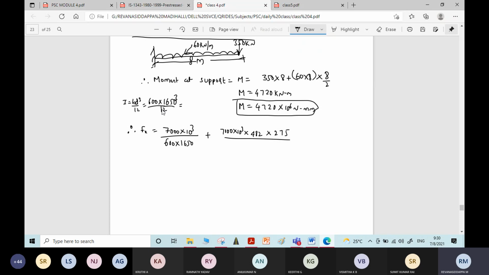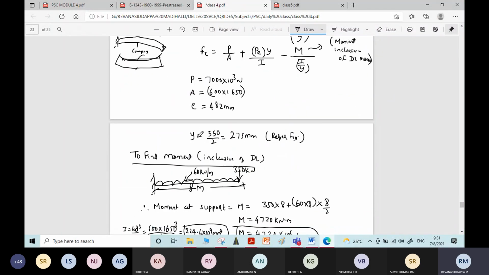Tell me. 224.6 into 10 power 9 mm to the power 4. Yes, 224.6 into 10 power 9 mm4.